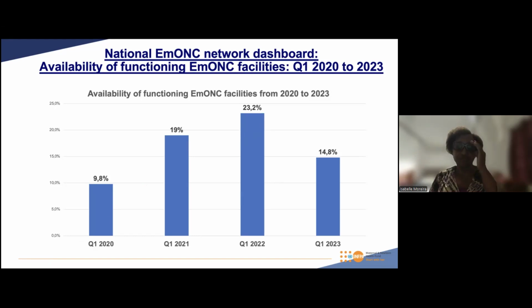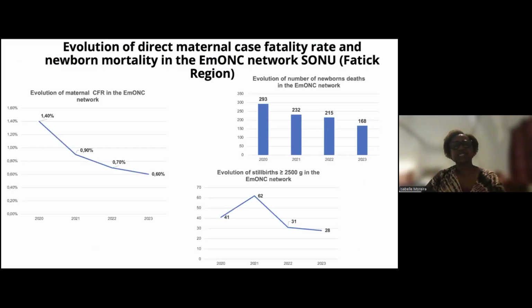You need to have all the required human resources. If someone leaves the facility, or the facility is no longer functioning because there are not enough providers to work 24 hours, and so on. Those are the challenges people are facing, but it's important to have those data and to give a response, to react.